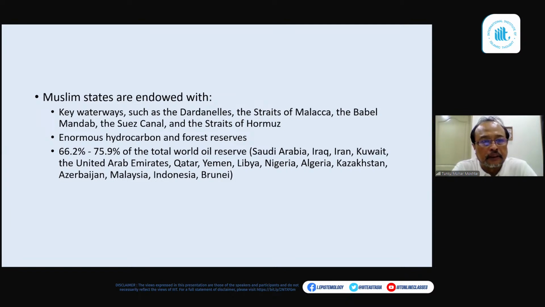Muslim states are also endowed with enormous hydrocarbon and forest reserves, and own between 66.2 to 75.9% of the total world oil reserve. This can be found in Saudi Arabia, Iraq, Iran, Kuwait, the UAE, Qatar, Yemen, Libya, Nigeria, Algeria, Kazakhstan, Azerbaijan, Malaysia, Indonesia, and Brunei. So in terms of resources, Muslim states are actually not short of these resources.